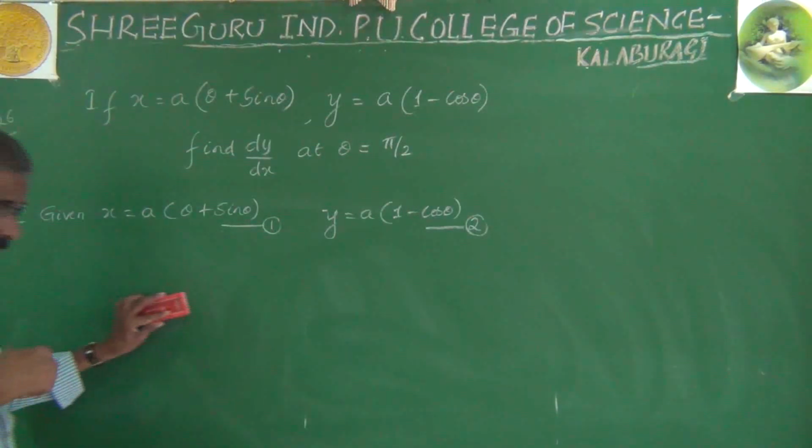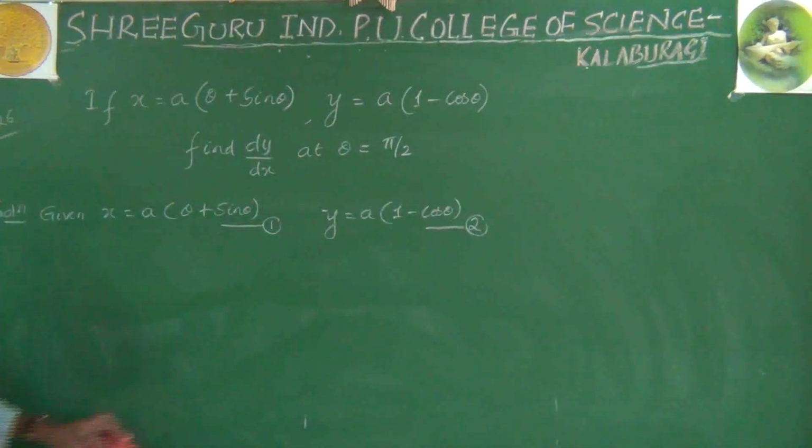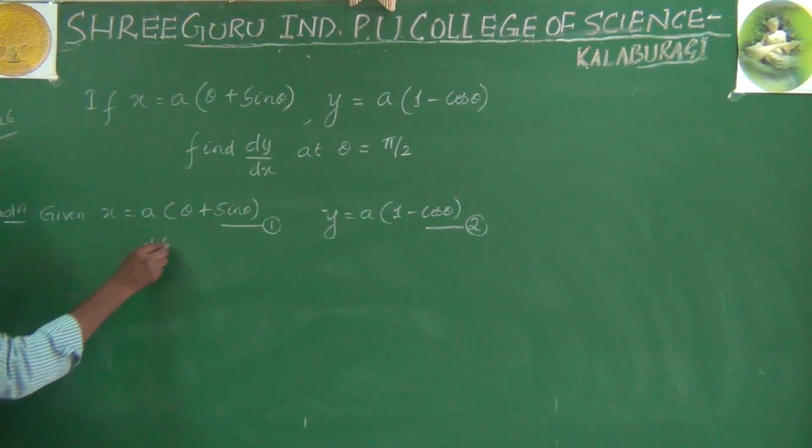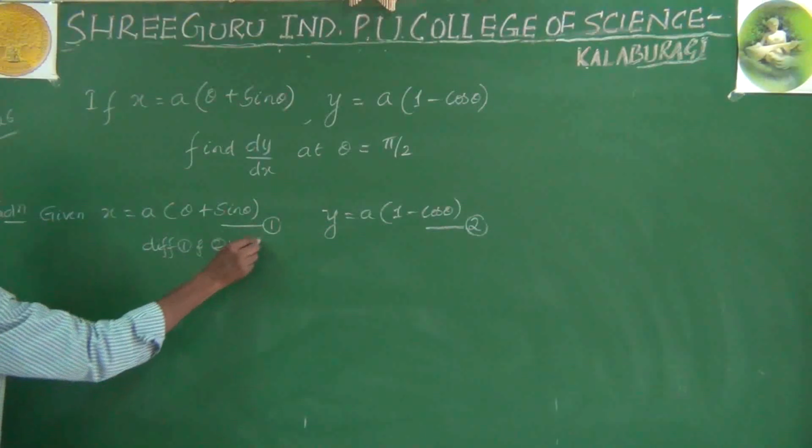Because our parametric variable is theta, we have to differentiate equation 1 with respect to theta. Now, differentiating equation 1 with respect to theta.